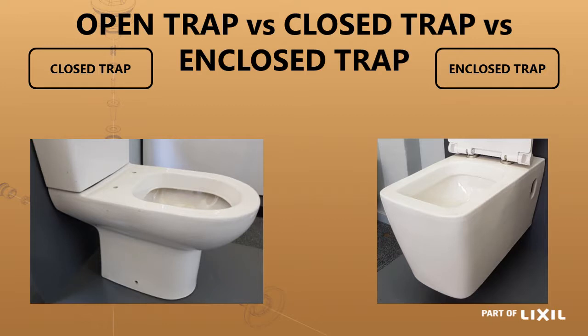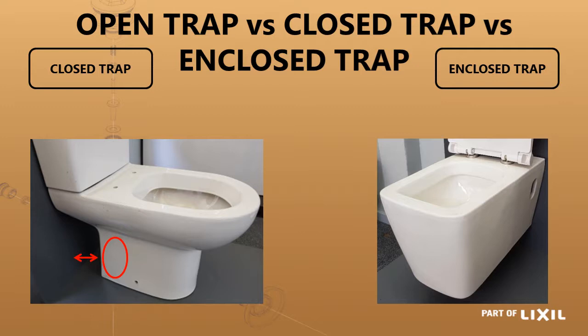If you go to the closed trap, there you've got no visible distinction between the bowl and the trap. It's completely closed. Now you'll see that the foot is a distance away from the wall, so you can still access the outlet, and you can also access your cistern fitting and your fixing bolts with that pan.